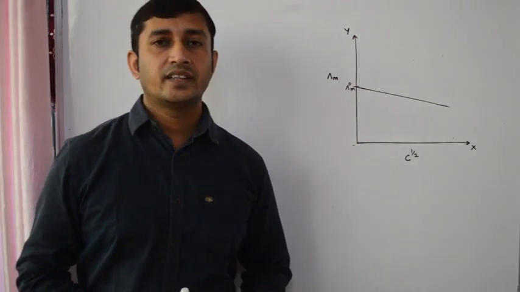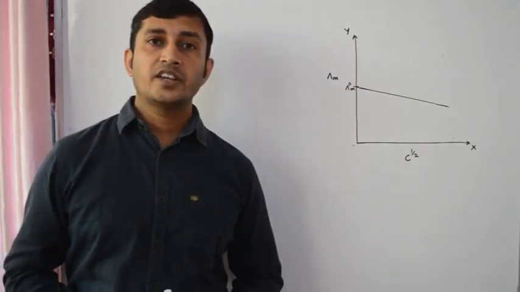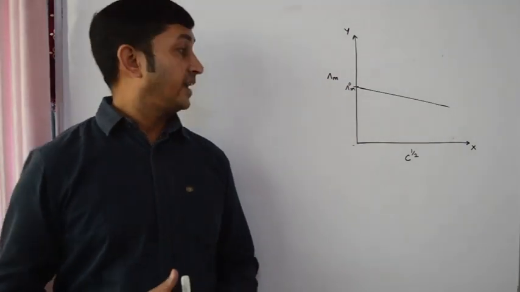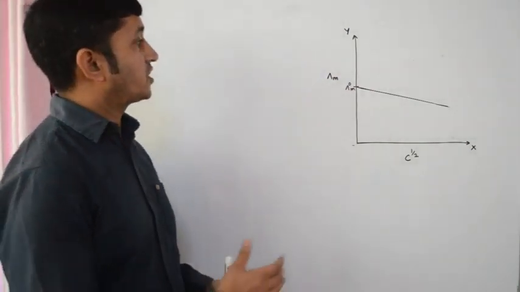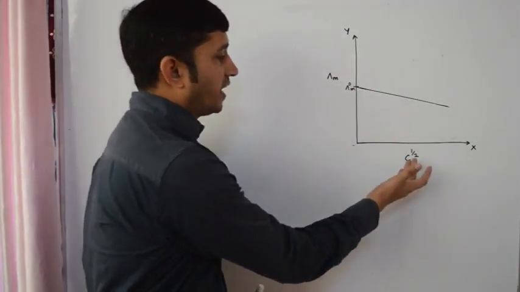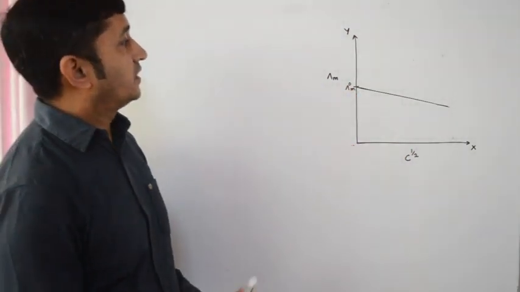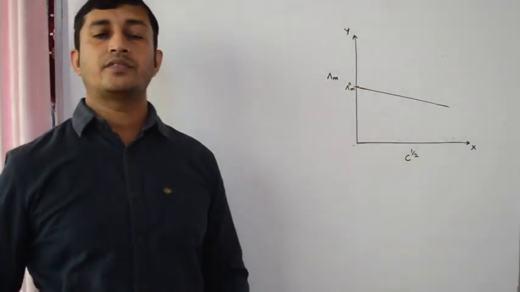Now let us see the variation of molar conductivity with concentration for strong and weak electrolytes. The molar conductivity of a strong electrolyte is weakly dependent upon the concentration. If we plot a graph between molar conductivity and the square root of concentration, then the y-intercept will give us the value of limiting molar conductivity.